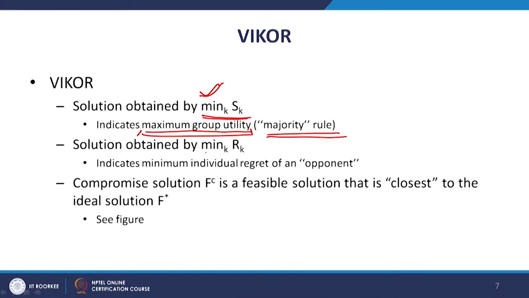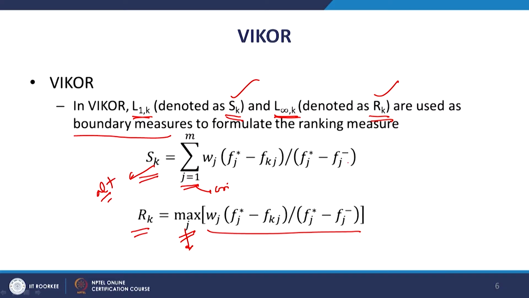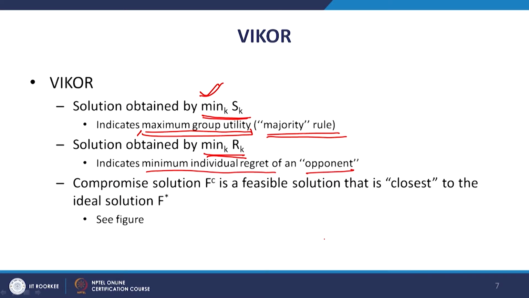Then the solution obtained by min k Rk indicates the minimum individual regret of an opponent. If you go back to how Rk was formalized, we are taking the maximum value of this weighted score, and out of all the values that we have for alternatives, we take the minimum of them.